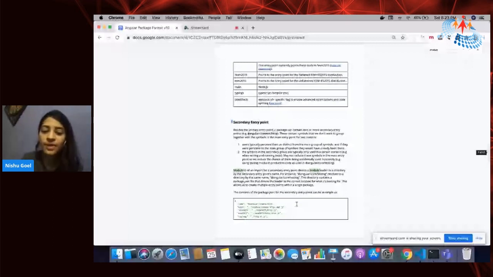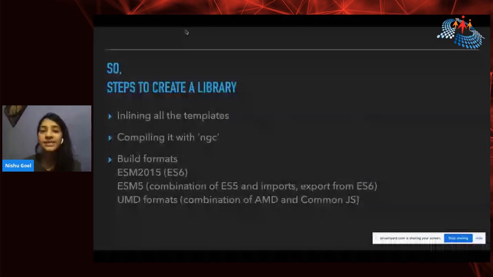Moving on. Finally, about creating your library, right? So now that we have understood the different features your library should have and the recommended way of creating a library, what is the file layout that you should follow, all of that, then finally, let's see what is the first step that you should take for creating your library. So first of all, you need to make sure that you inline all your styles and templates. Now, whenever you're creating a library and you want to keep a feature, and we mostly have features as per components, right?